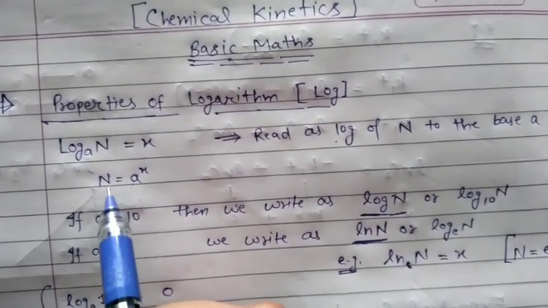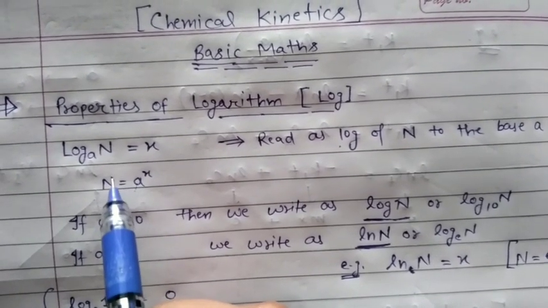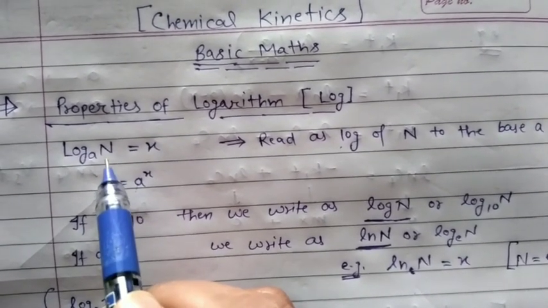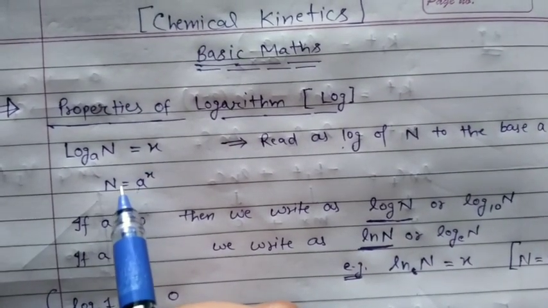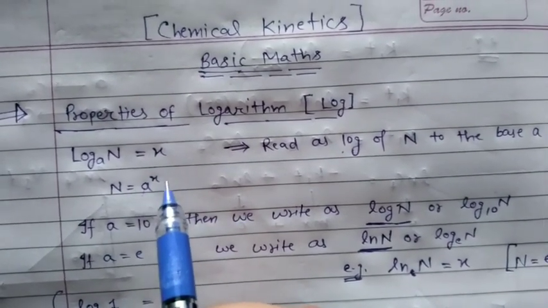And this is how to get any number n if the base is a: n is equal to a to the power x.